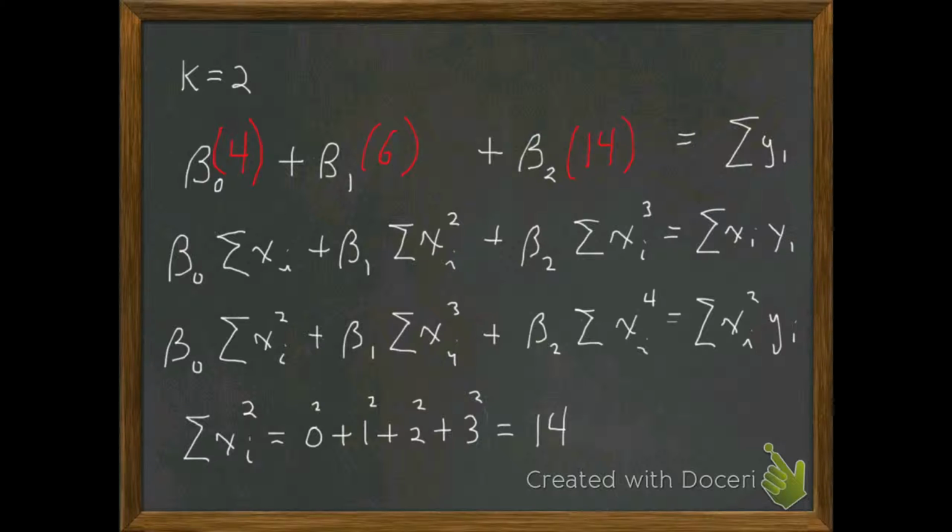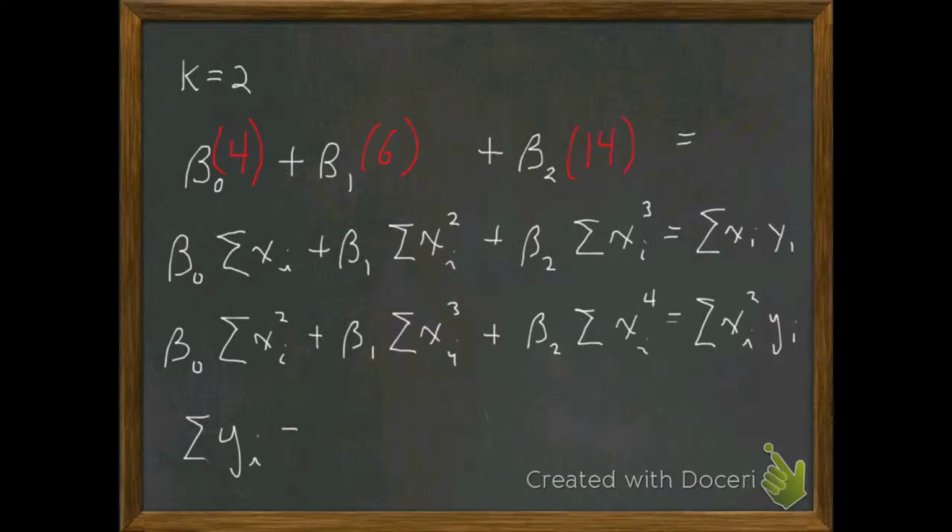And we're on a roll here, so let's just go ahead and sum up our y sub i's. I forgot my data set. Okay, so we've got 2.1 plus up to 27.2.